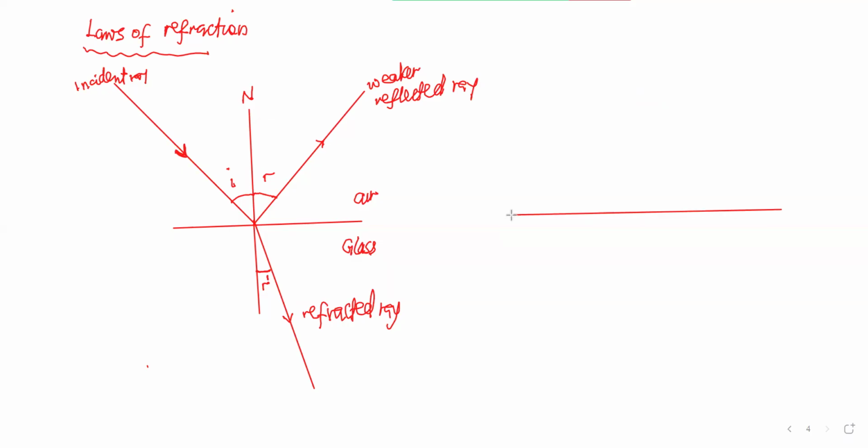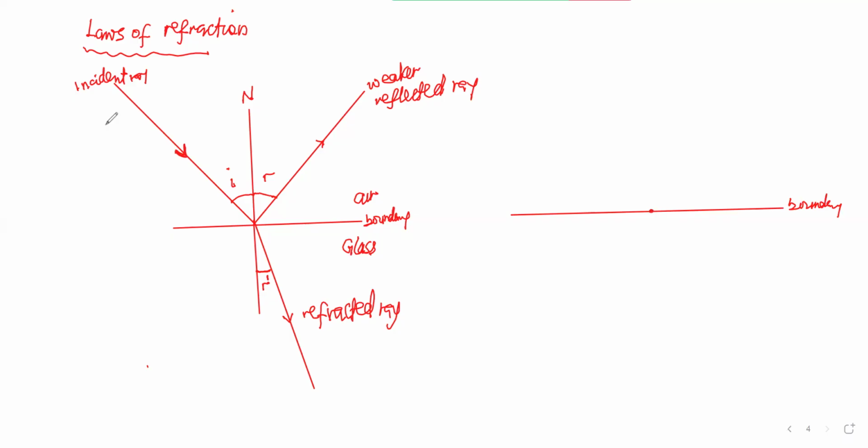So this is the boundary or the interface separating the two media. Okay. So indicate that as a boundary, or the interface separating the two media. Point of incidence.